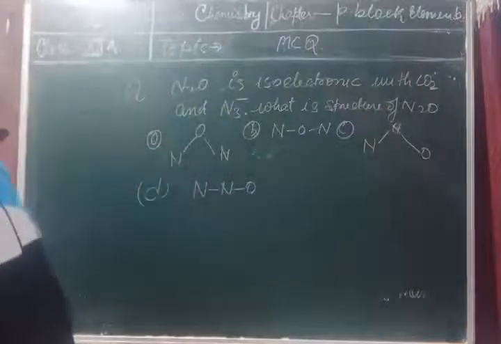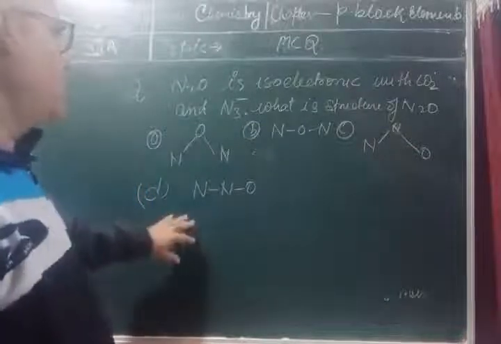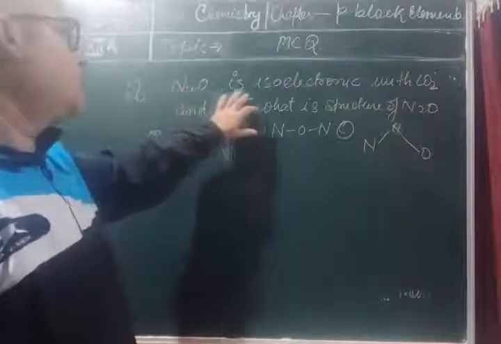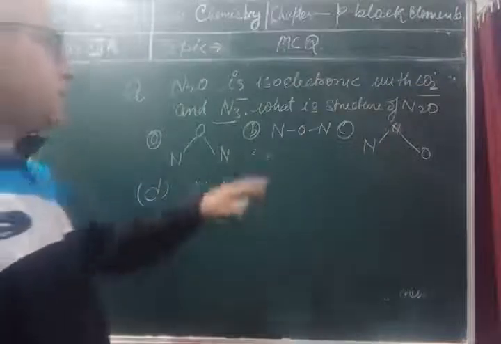Okay, which structure will be right? N2O is isoelectronic with CO2 and N3 minus. What is the structure of N2O?